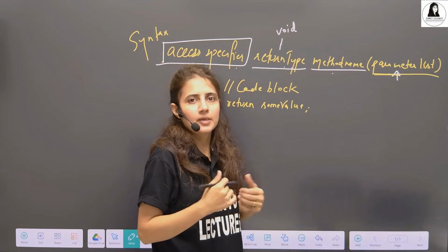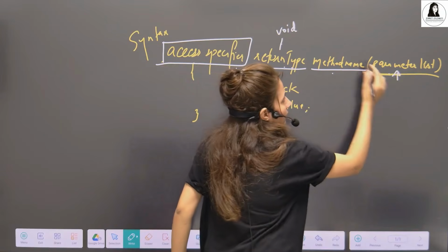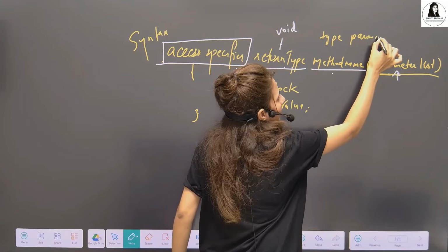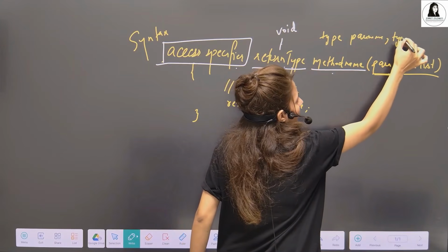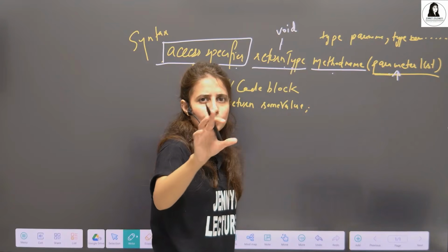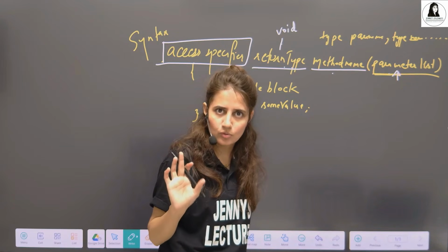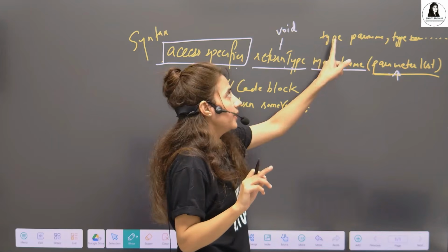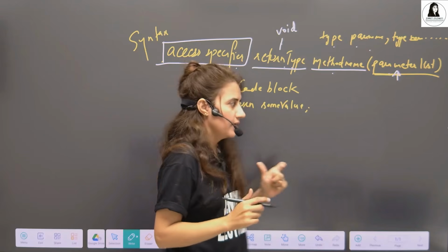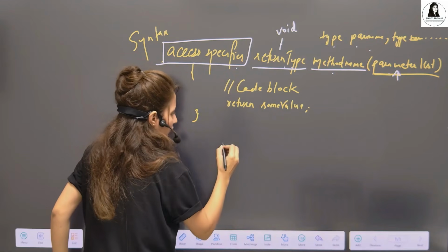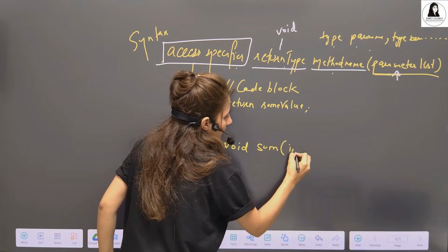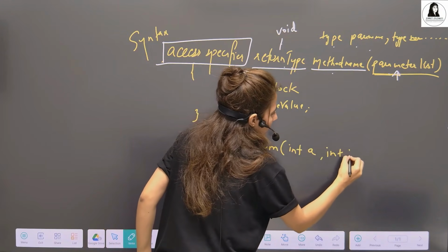But if you want to give the parameter, then how to write? We first write type of the parameter, then parameter name, then comma, then again type of the parameter, then name of the parameter, and something like this. There can be 1, 2, 3, 4, 5, 6 parameters, as many parameters as you want, right? But first, the data type like int, then name of the parameter like a. If I give you this example, like void sum(int a, int b).